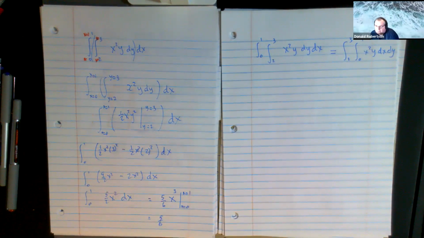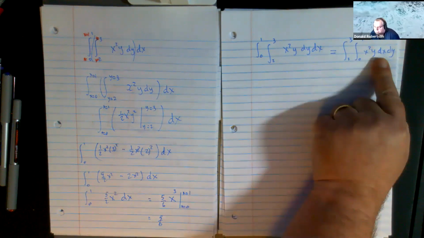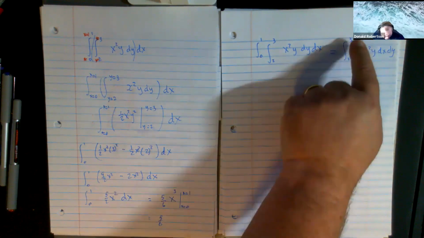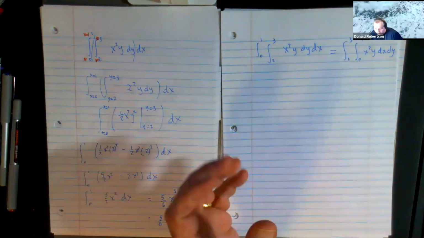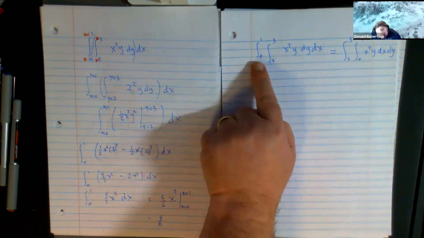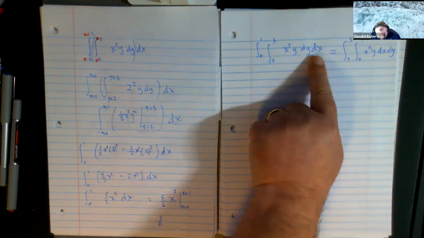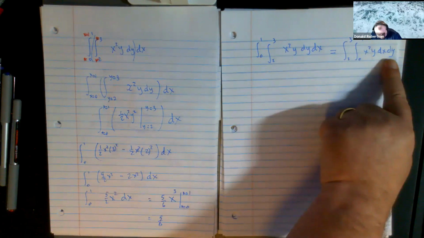If you switch the order of integration, in other words, do the x's first and the y's second, as long as you make sure that the limits of integration also follow the variable. So you notice how the 0, 1, and 2, 3 have now become 2, 3, and 0, 1. And the y first and x second has now become x first and y second.